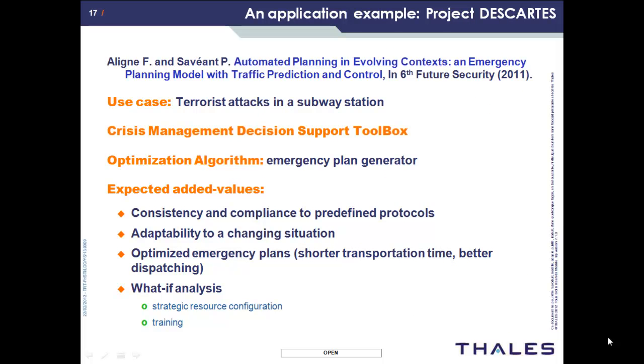Our planner was applied to a variety of real-world use cases, including this example, which for the sake of brevity I'm going to have to cover rather quickly. The use case is about reacting to a terrorist attack in a subway station within the context of an emergency response toolbox. The aim of the optimization algorithm here is to find the best possible plan to produce shorter transportation time, better dispatching, and more generally a good adaptability to a changing situation with respect to the emergency.